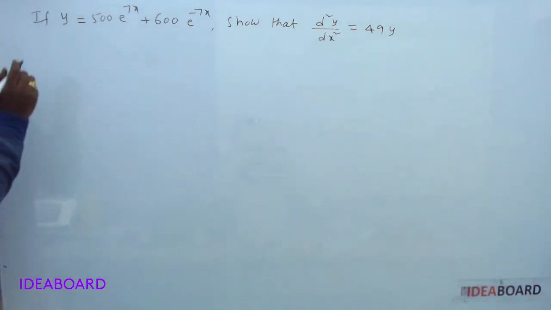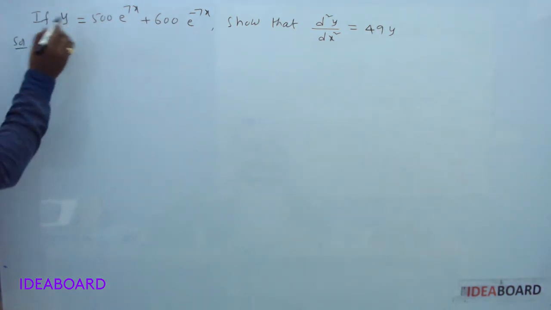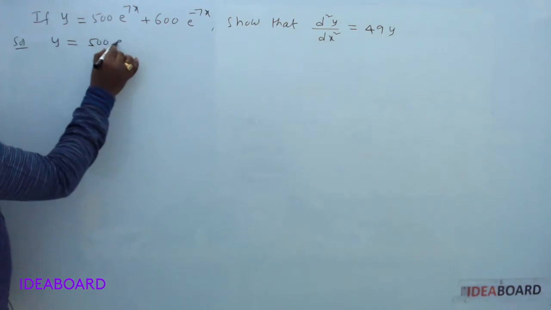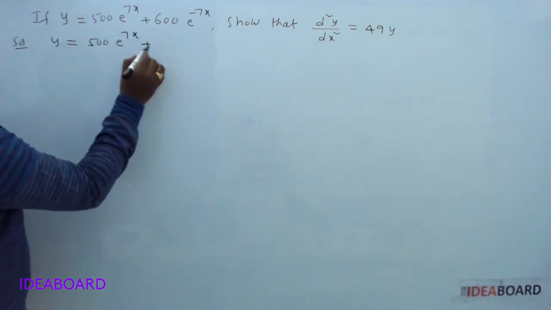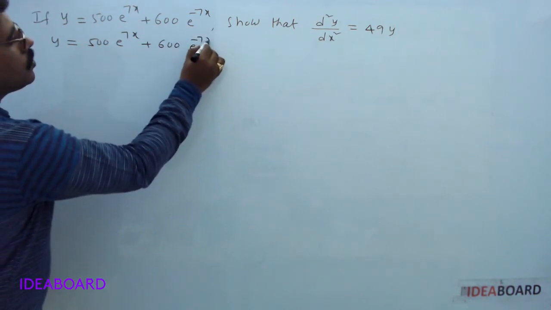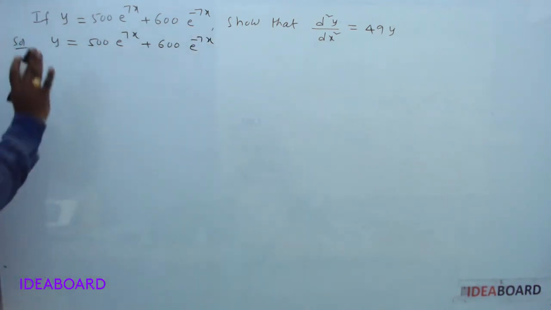Now come to the solution. First note down the given equation. y equals 500 e^(7x) plus 600 e^(−7x).